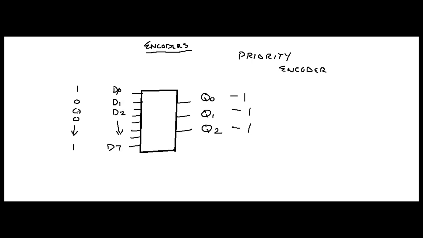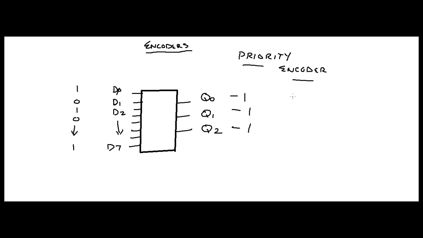You could have D2 active as well. But it doesn't matter. You can have as many inputs active as you want. Whatever has the highest priority is the one that's going to be output. And in this case, that's the one that has the highest value, or the highest number, which in this case is D7. Okay? So that's what a priority encoder does.